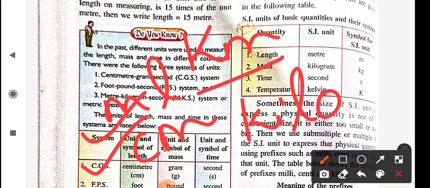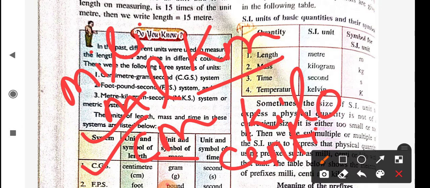So K for kilo, M for milli, and C for centi. This type of prefix is called a submultiple unit, which means we use it as a prefix.